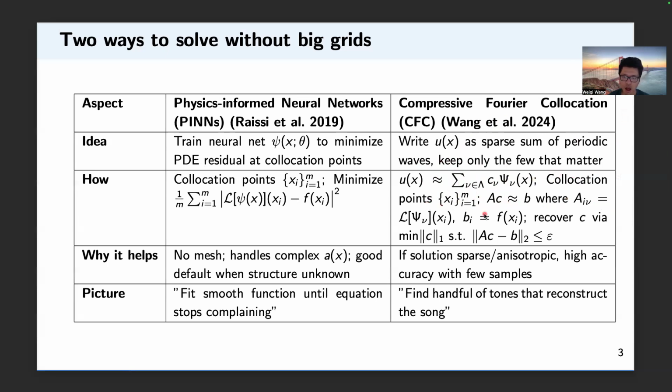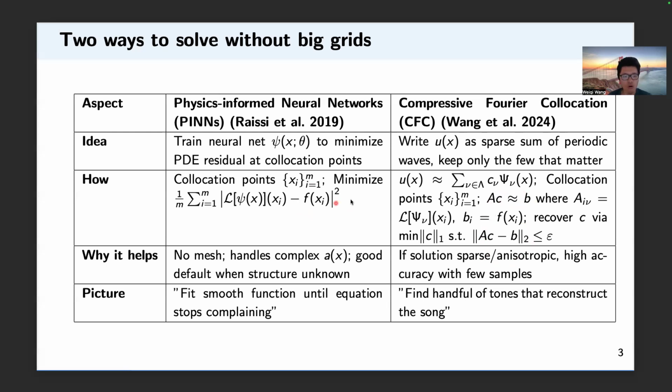After we solve this, we try to find a sparse approximation of the solution for this system, and then we get only the important frequencies using sparse recovery. If the exact solution is sparse in Fourier basis, this method can be very strong.